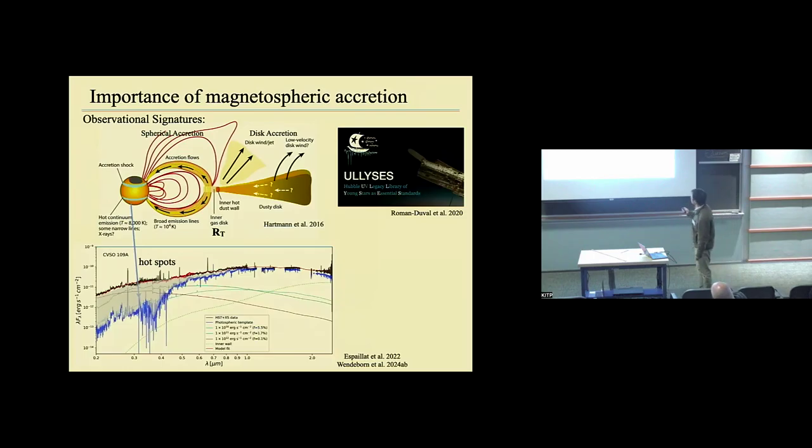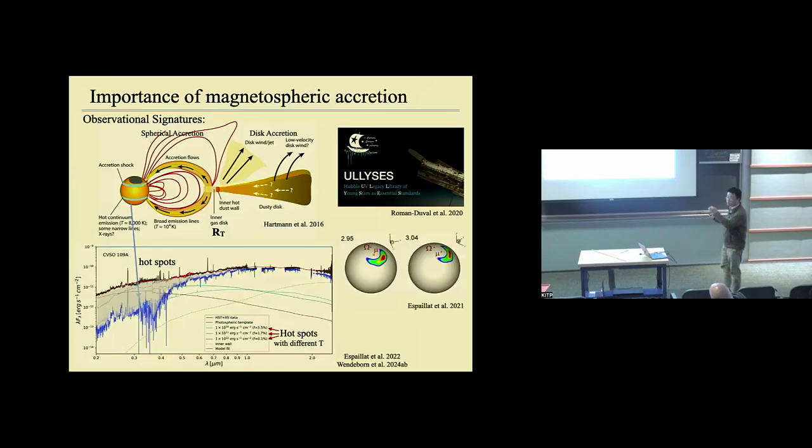With these data, by fitting the excess emission, you can probe how the hotspots are distributed at the surface of the star. You have some hotspots with hotter temperature and some with colder temperature, and you can tell them apart. And by monitoring the UV flux over time, you could even figure out whether the hotspots rotate with the central star. So we can get a lot of information on magnetospheric accretion from these observations.